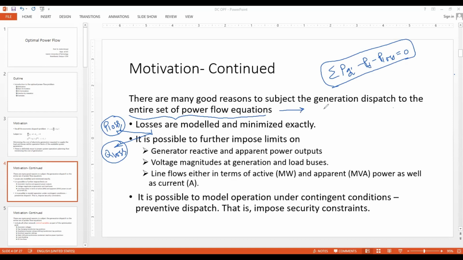like this. So the P injected in general, this we have already studied in our basic power system analysis course.